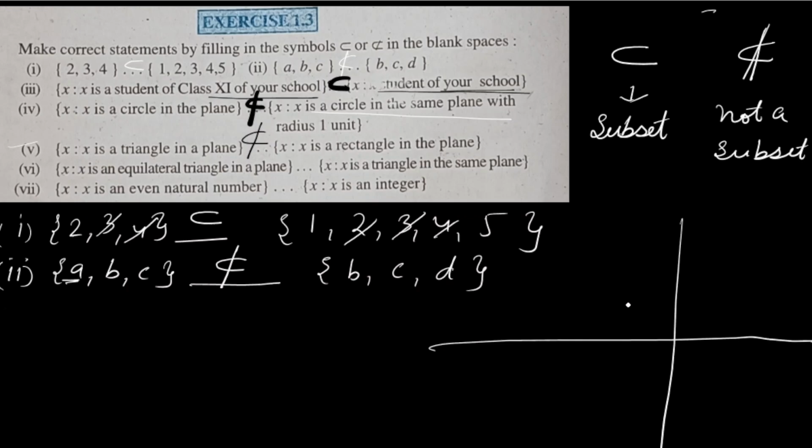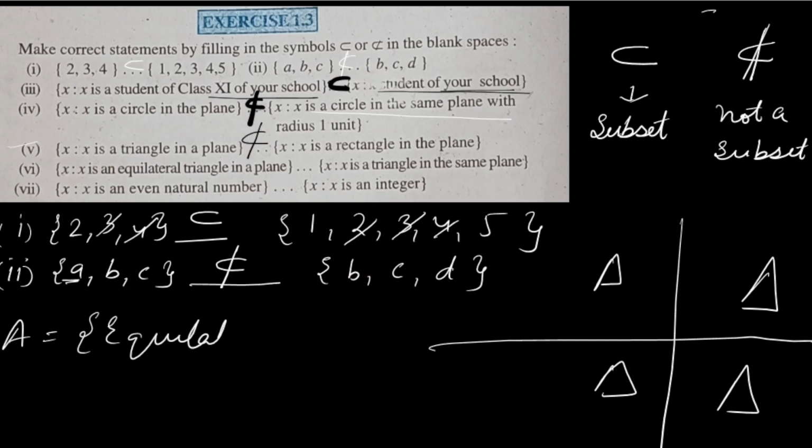So in plane here they have mentioned first it is equilateral triangle. So all the equilateral triangles. So A is the set of all equilateral triangles, because it's a set of X where X is an equilateral triangle. So set B is simply some triangle. X is a triangle in the same plane.